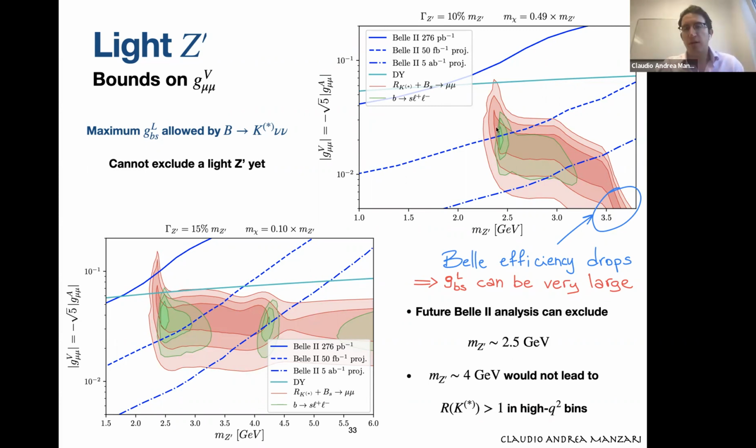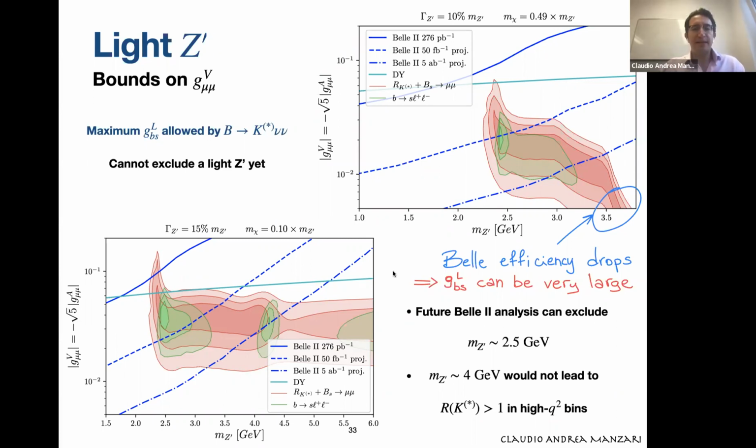So here the main result is that current data in solid lines here cannot probe at all the 2.5 GeV solution for B to Sll. Future projection for e+ e- into μ+ μ- can start probing the solution and can almost totally probe it when we reach 5 inverse attobarn from Belle II.